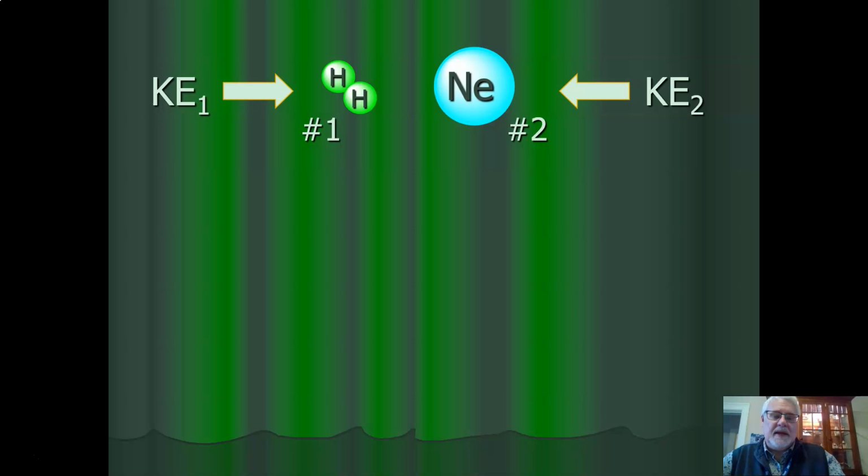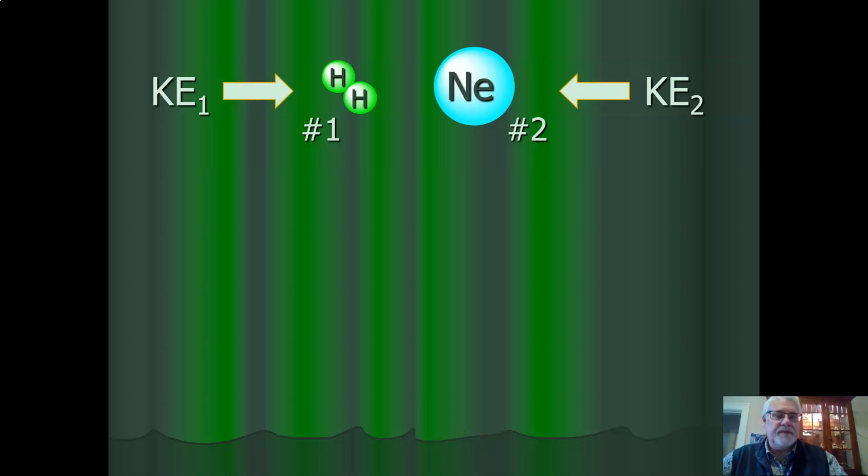Because these gas molecules move, they have kinetic energy. So we can say the kinetic energy of the hydrogen we'll call KE1, and then we'll say KE2 is the kinetic energy of the neon. Now, we know that on average, same conditions, those are the same.